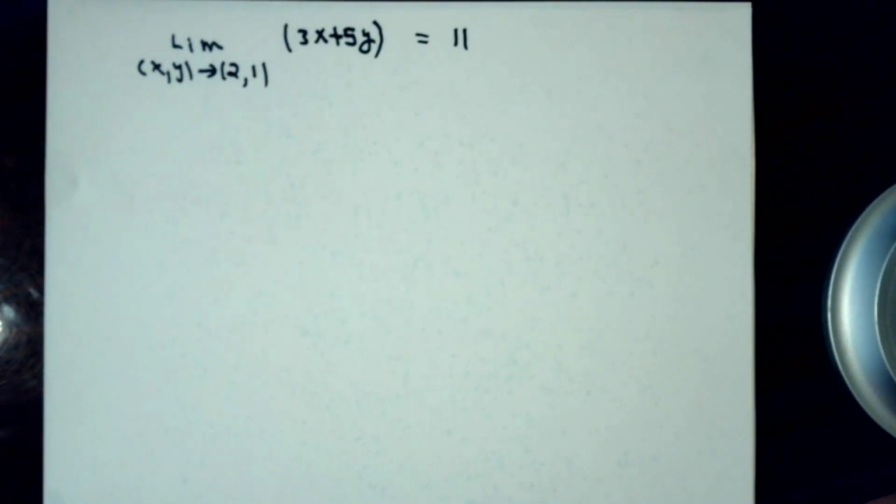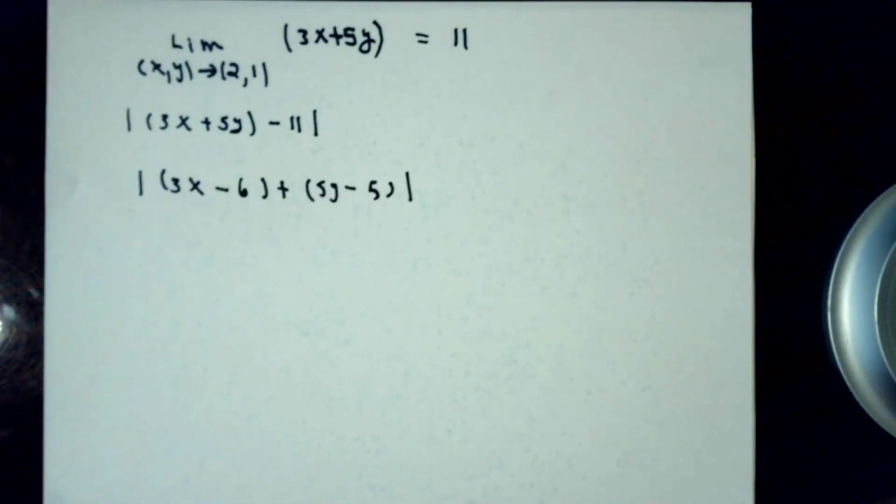So I'm going to look at the difference between the function value and 11 and see if I can see somehow that by making the distance smaller than some particular number, I could make the difference between the function value and 11 less than epsilon. What I'm going to do with the 11 is break it up into two terms.